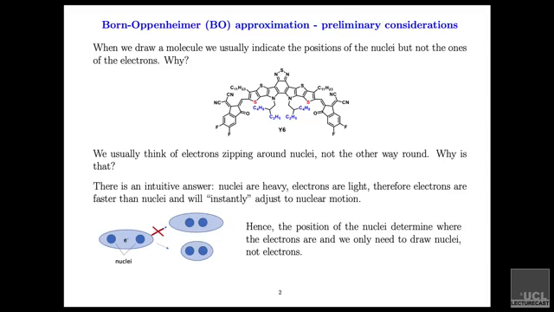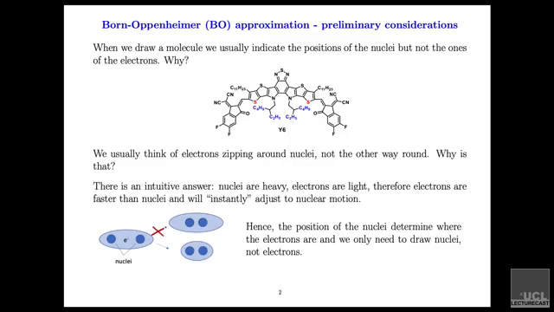I'd like to start with a question. When we draw a molecule, and many of us have drawn many molecules in our life, we usually indicate only the positions of the nuclei, but not the positions of the electrons. So why is that? And here I give an example of a molecule, very complicated for the people who care about it.